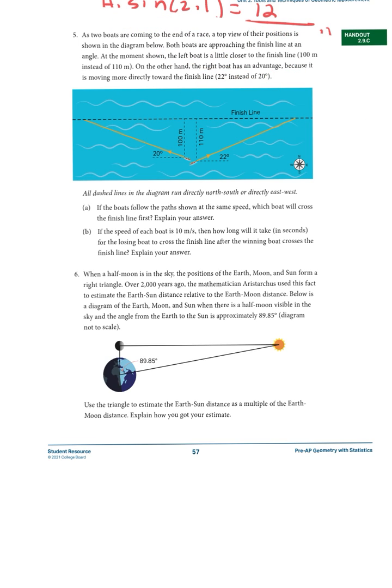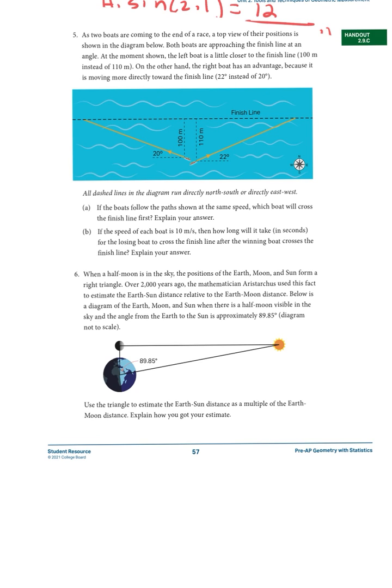Okay, so it says, as two boats are coming to the end of a race, a top view of their position is shown in the diagram below. Both boats are approaching the finish line at an angle. At the moment shown, the left boat is a little closer to the finish line, 100 meters instead of 110 meters.